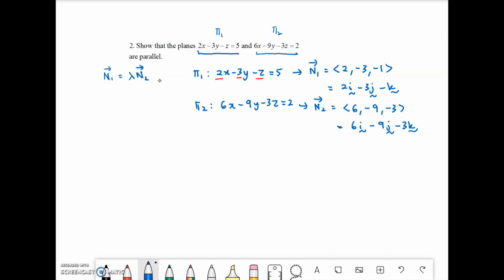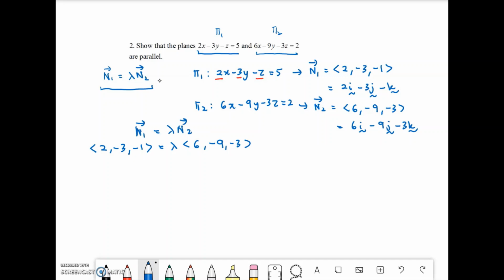So now we want to check whether n1 and n2 satisfy this equation. Our n1, (2, -3, -1), equals lambda n2, which is (6, -9, -3). So I'll just rewrite this formula.